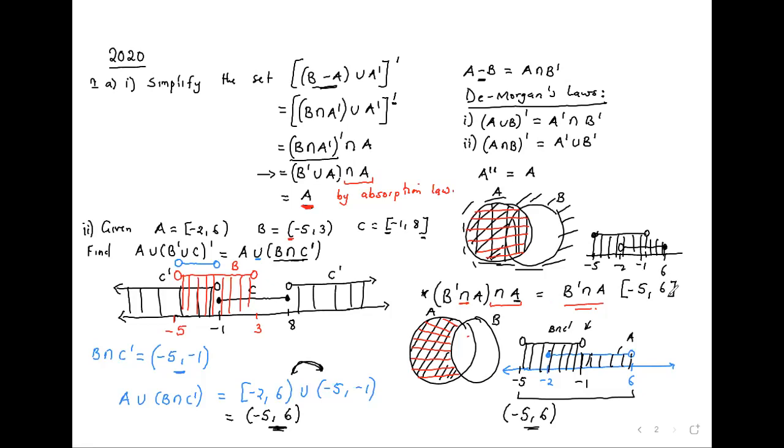When do you close? When the number is included in the set where it is coming from. For you to do this, it means on the interval you had this. That's what determines the closing and the opening.